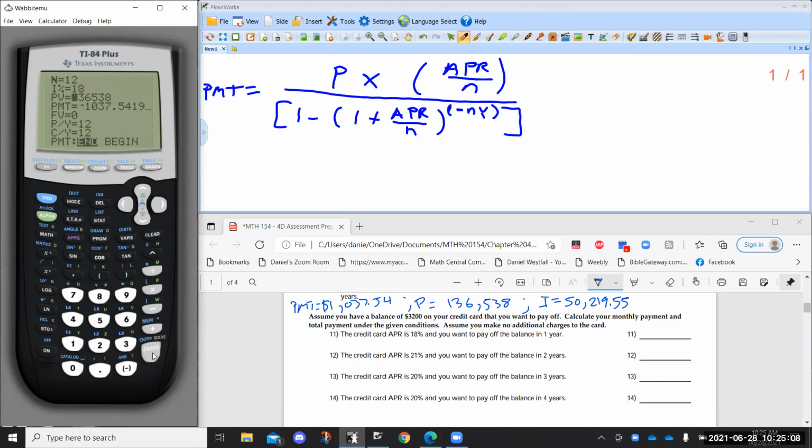This is 18%. Present value of the card is $3,200. We want the future value to be 0. Alpha solve. That means we're going to have to pay $293.38 a month. And I'm just going to multiply that out.